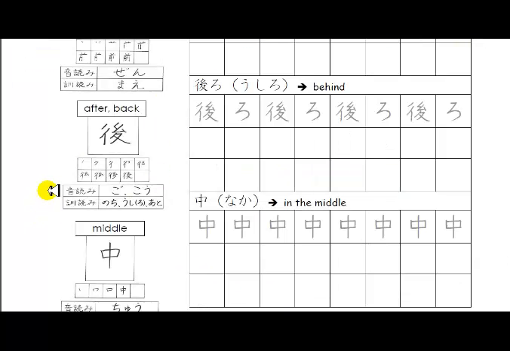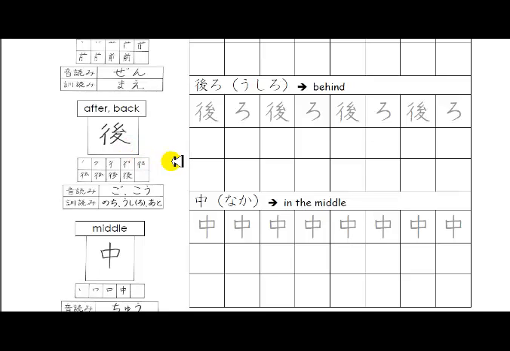The next character is here, and this is even more complicated, and this again has a location meaning and a time meaning. If it's time, it means after, and if it's location, it means behind, which is strange because in English they're opposite concepts, but in Japanese, it's the same concept. So after in terms of time, or behind in terms of location.